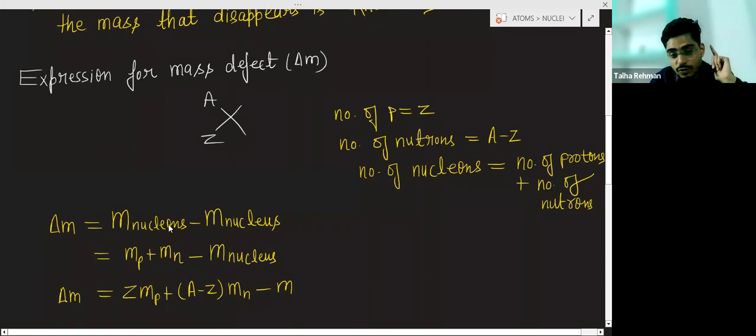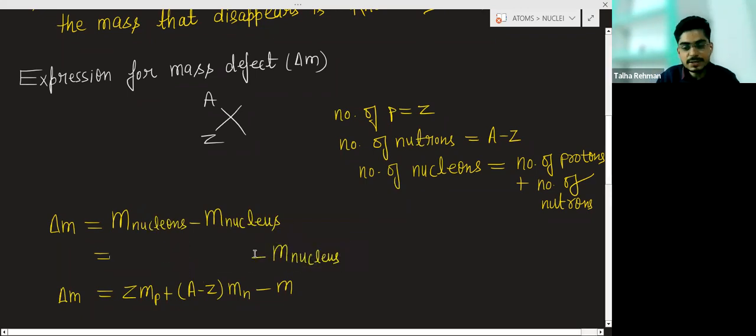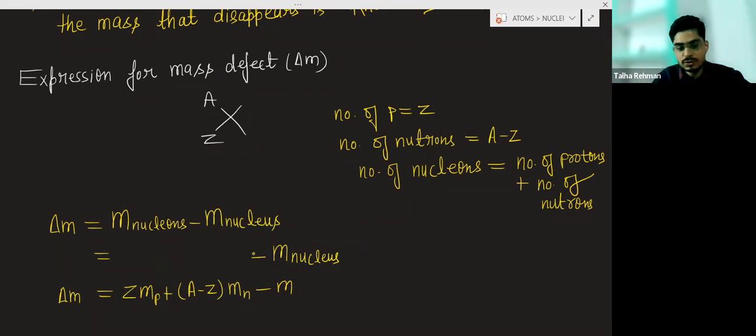And what is the mass of nucleons? Mass of nucleons is the total mass of protons plus neutrons.